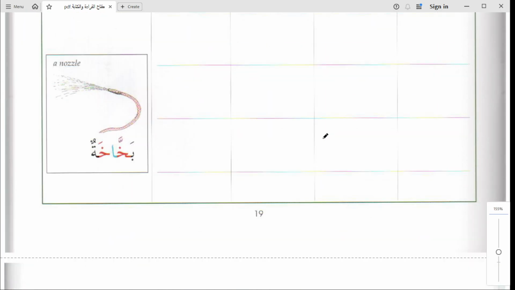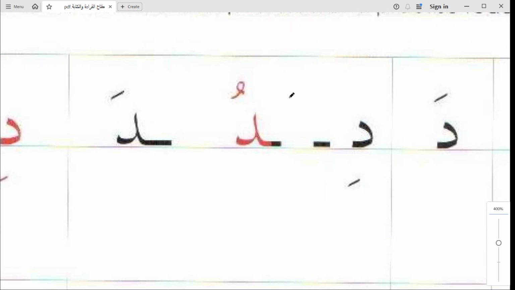Same thing with Daal. Daal is one of the orphaned letters. So it cannot be connected from this side. It can be connected only from this side. So the only connection form for it is this one, where it can be connected from here.